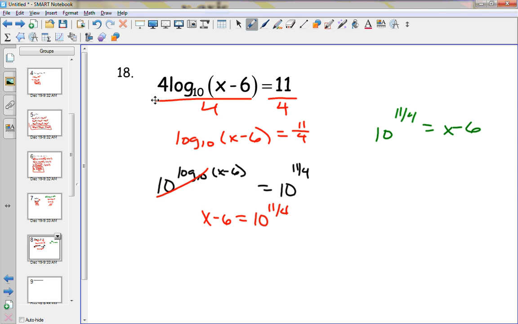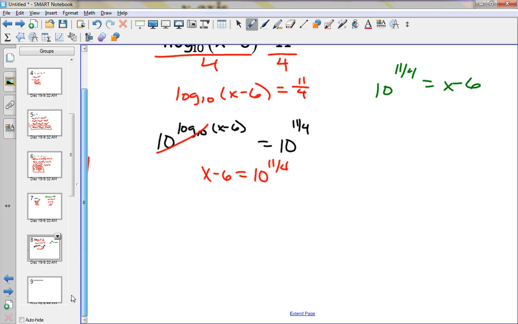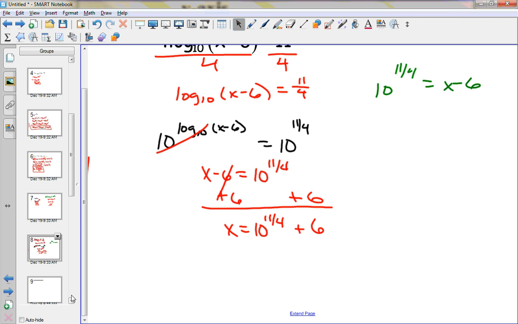Okay? So now, how do I get rid of that 6? It's a number, and it's a big number. So what you have to do is go over to your calculator.